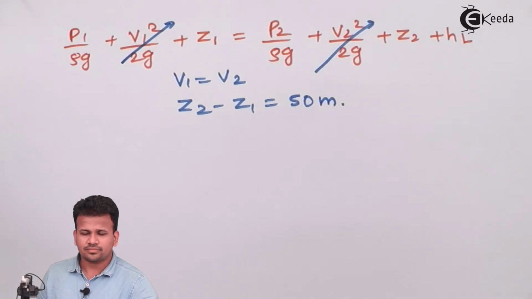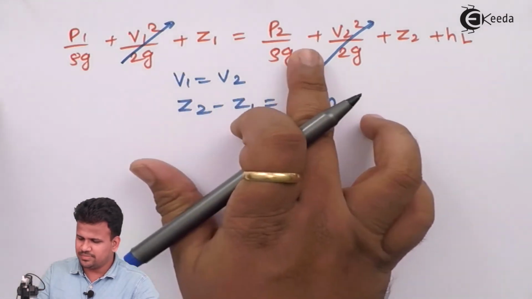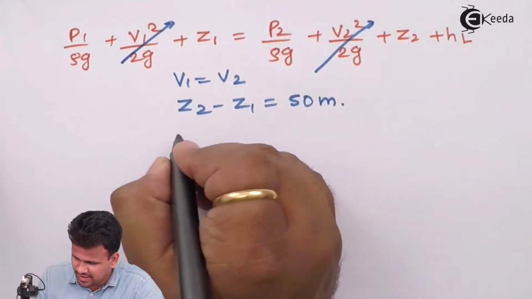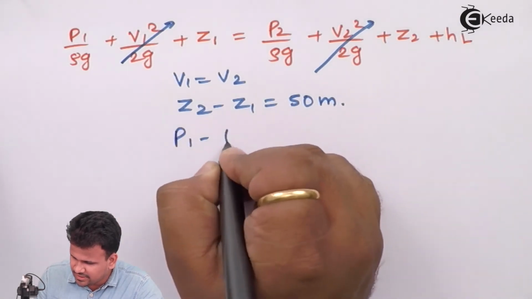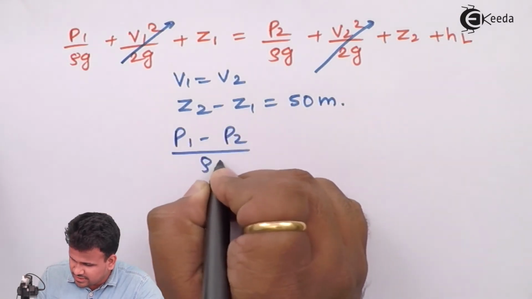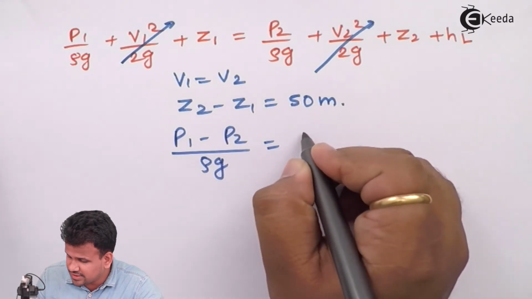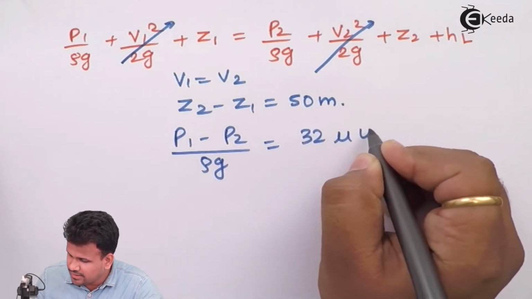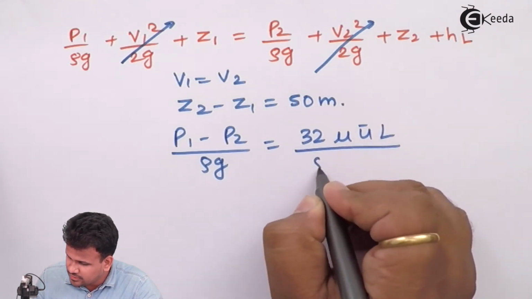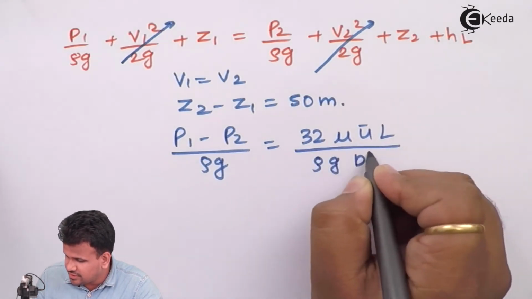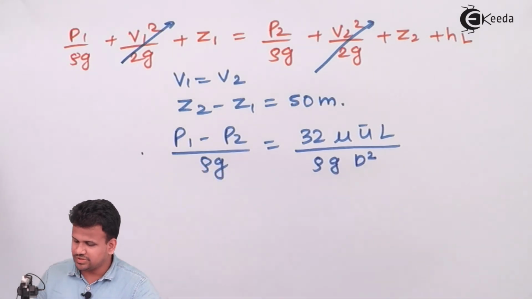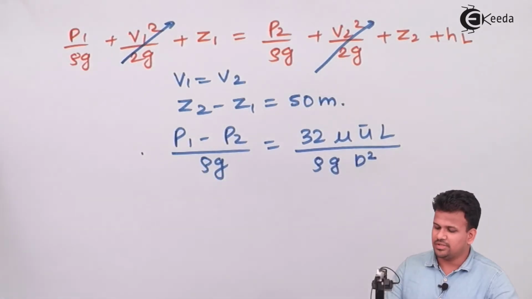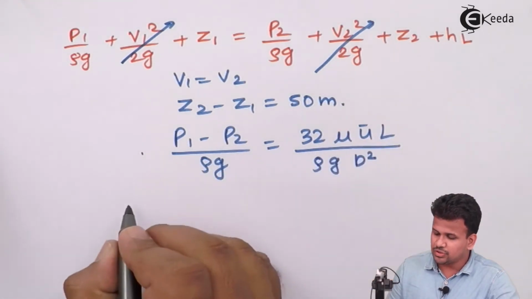Now the pressure loss between these two parts, which we have seen, that is P1 minus P2 by rho g, the pressure energy loss, is equal to 32 mu U bar L upon rho g into D squared. From this you will get the total loss.